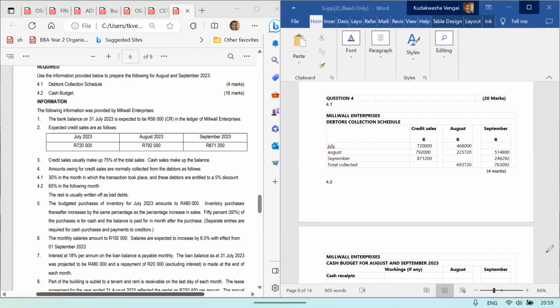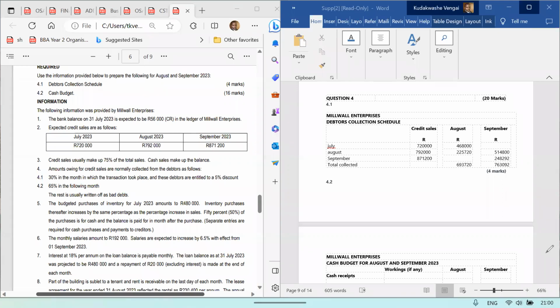No, you're always given. Yes, but it says 65% in the following month, which is August. So for August we used 65%. If we didn't have 65%, we're going to use 30%. I'm not really understanding your question, sorry.